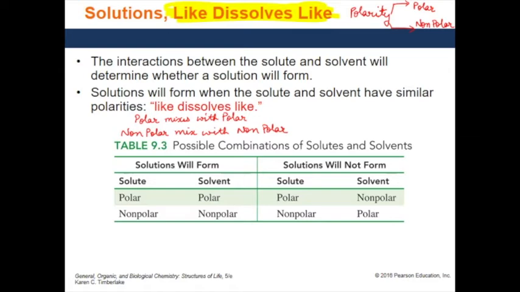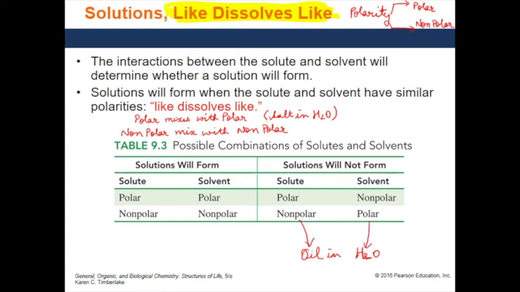For instance, salt in water is an example of polar mixing with polar. Salt in water, that would mix. Whereas if you try to mix oil in water, that is not going to mix. That will not prepare a solution. Why is that? Because oil is a non-polar molecule and water is a polar molecule.